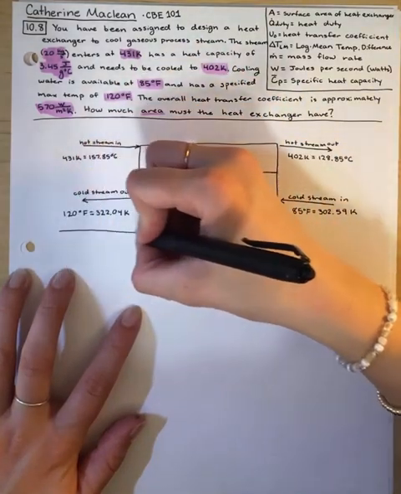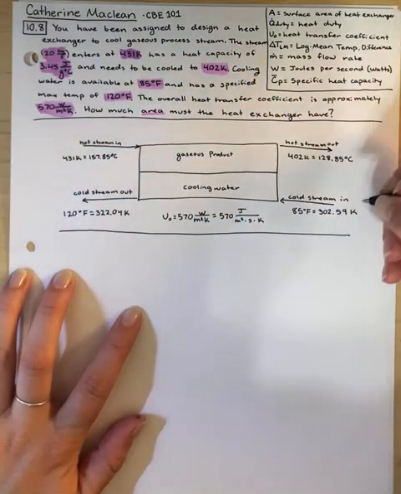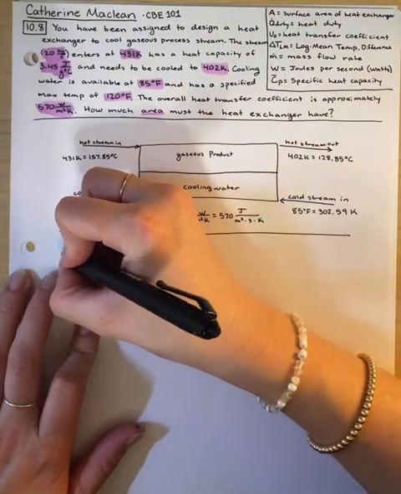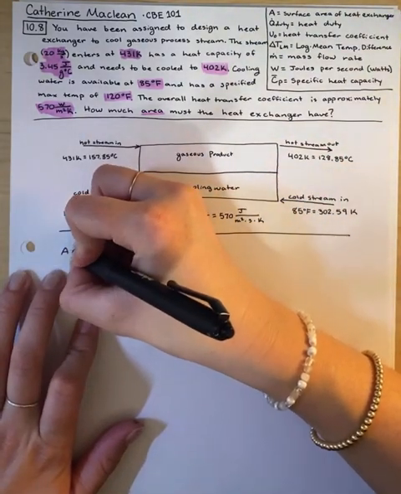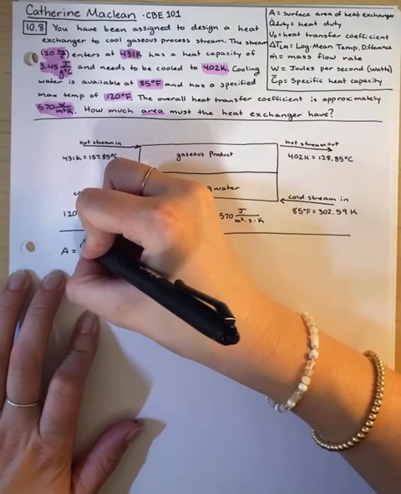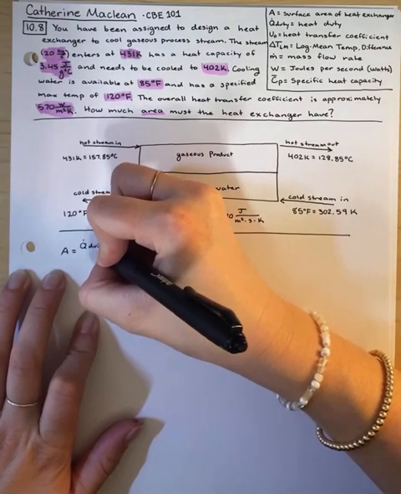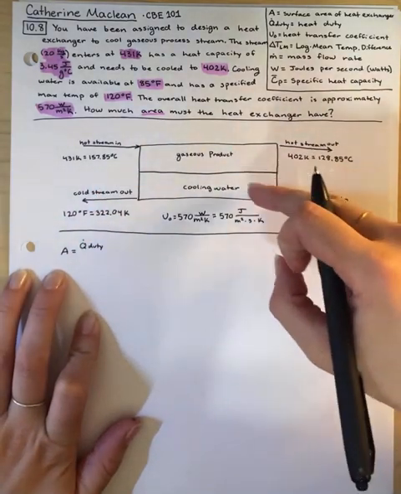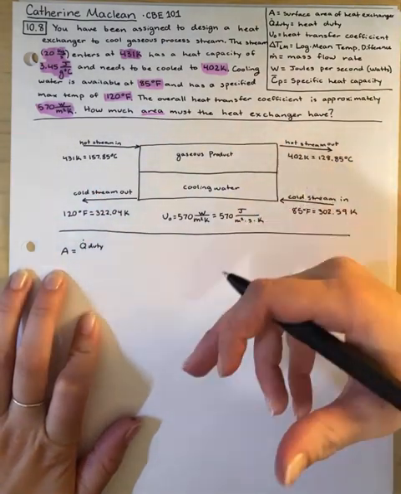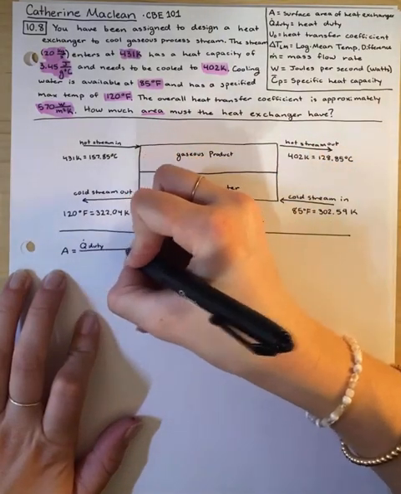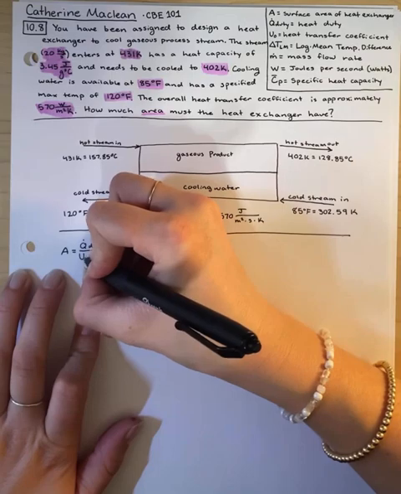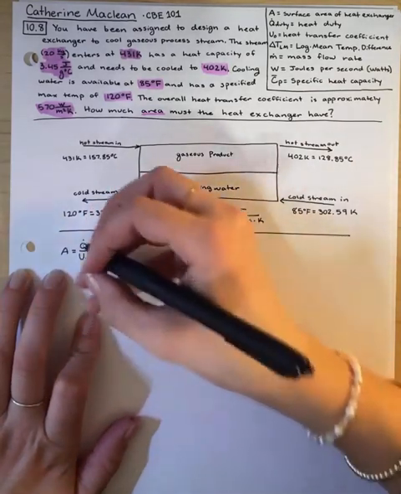Okay. Now that we have all of this sorted out, we're going to start with our main equation, which is area is equal to Q duty, which is essentially the amount of heat that the cooling water takes out of the gaseous product. That is divided by U sub naught, which is our heat transfer coefficient.